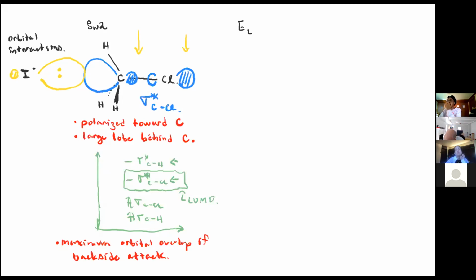All right, let's do E2 elimination, and we'll just focus on the anti. So let me generate a substrate. We'll say again, let's do Cl.